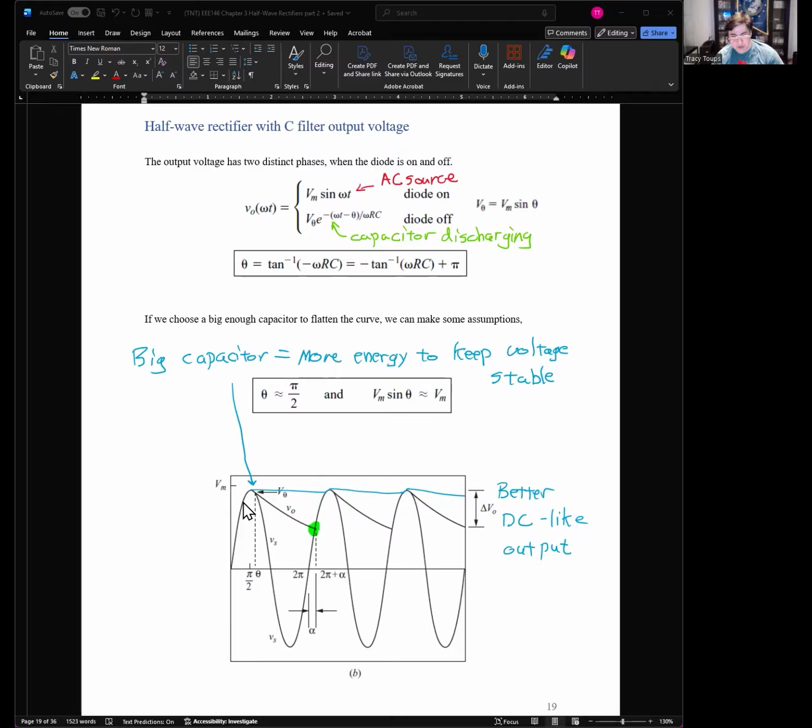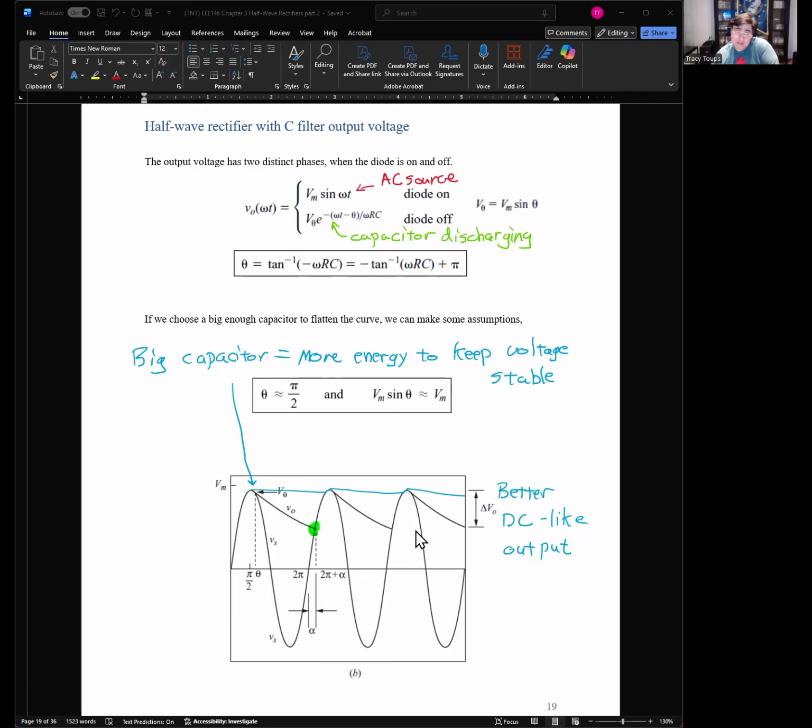Okay. The trade-off to this is you're not using 90% of your capacitor. It's kind of being wasted in one sense. And that's bad because it costs more. Obviously, a bigger capacitor costs more than a smaller capacitor. So you'd have to weigh, is it worth having this very stiff DC output versus a capacitor that could be 5 times more expensive than a smaller one with a wider ripple?